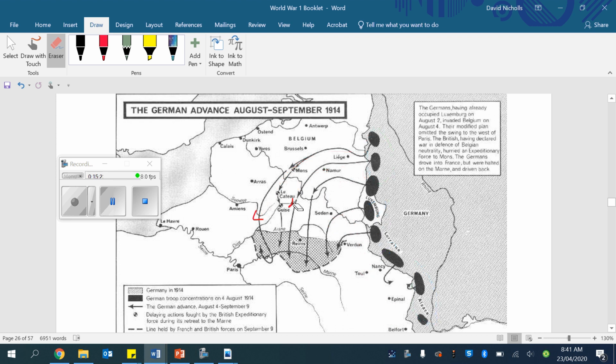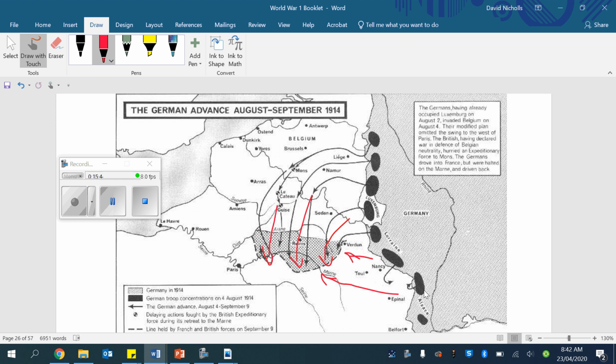As a result of what the Germans are doing here, the French start to pull back. They pull back here, and they congregate with the British down here at the River Marne. They fall all the way back.